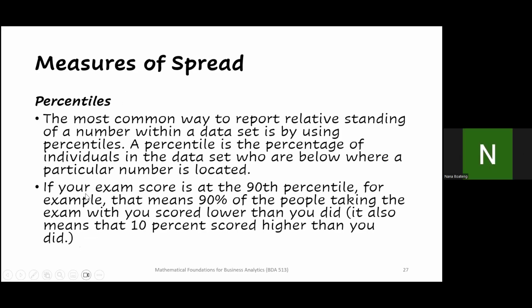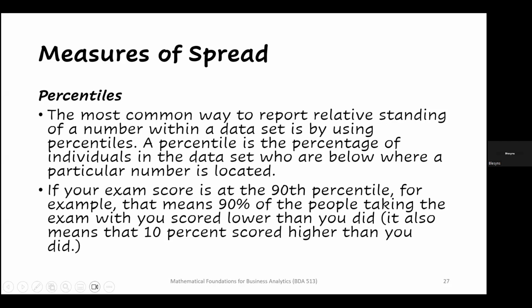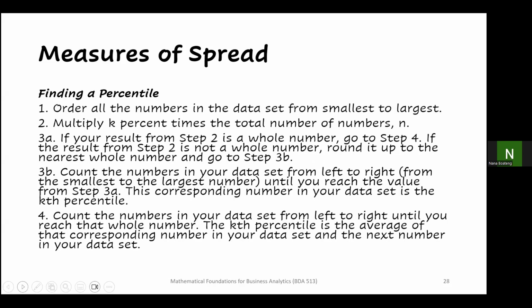So if your exam score is at the 90th percentile, for example, that means that 90% of the people taking the exam scored lower than you did, which invariably also means that 10% scored higher than you did. So let's look at how we calculate the percentile.